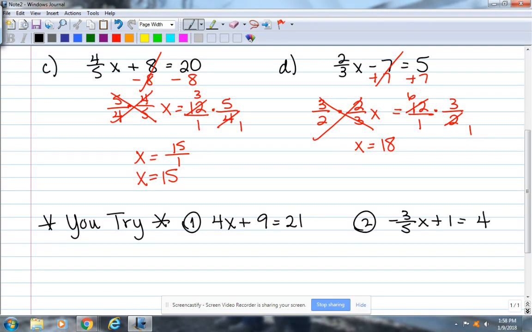All right, so I want you, with your pencil and your paper, to work these problems out right now. We'll check them in a minute. Solve them both for x, please. Everyone participate.